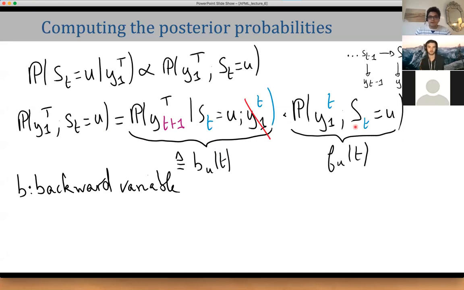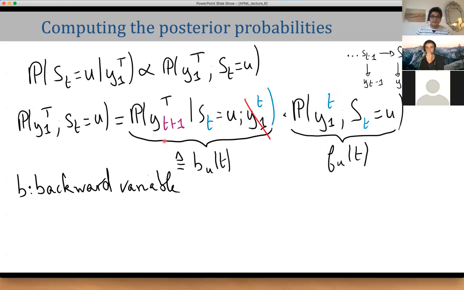And so we had a forward variable. It's the filtering, so the probability of the annotation for the present given the past. But we can also define here a backward variable.